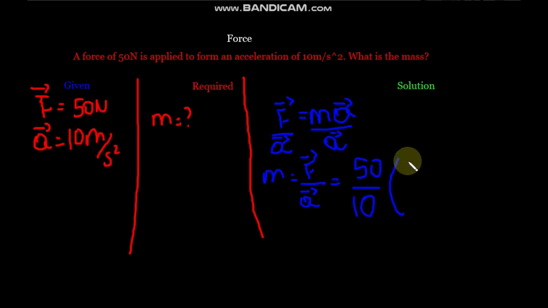Newton is kilogram meter per second square, times we'll have to write the reciprocal of this, which is second square over meter, because I'm dividing. So second square cancels second square, meter cancels meter, so only kilogram is left.